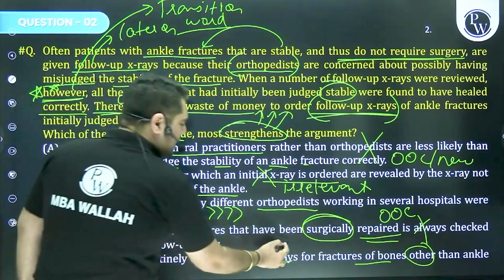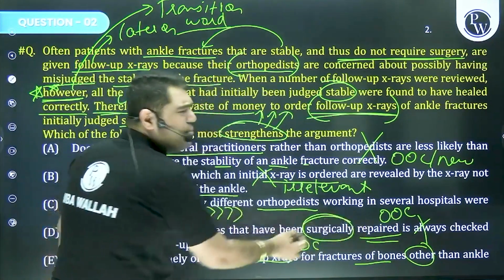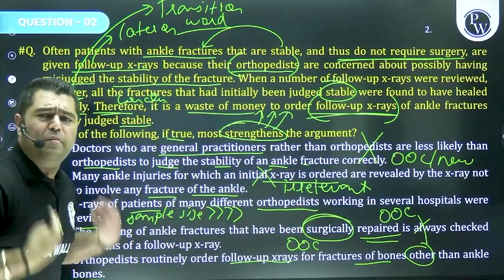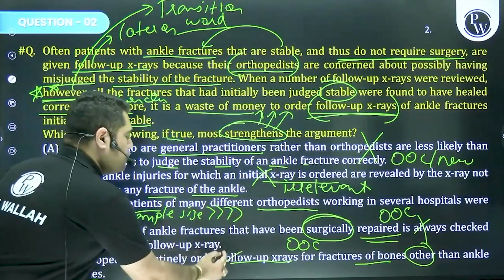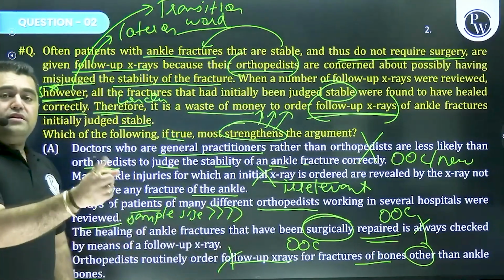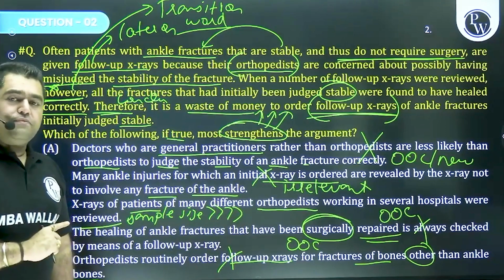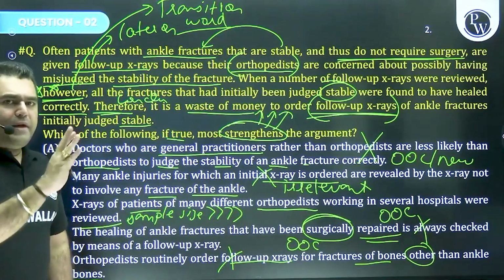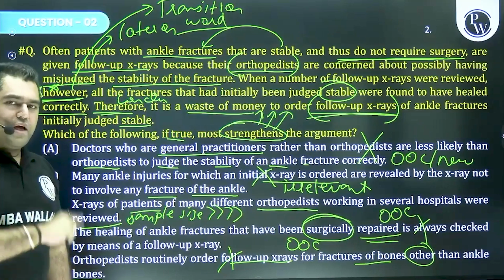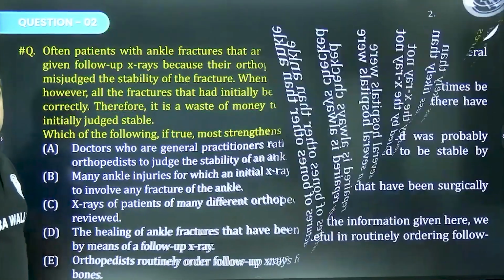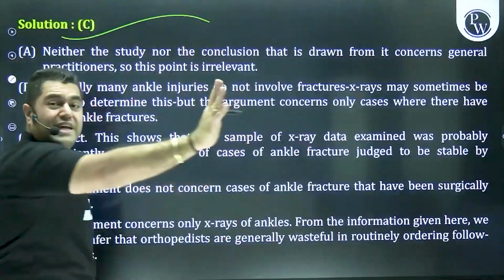People, out of context because we are talking only of ankle bones. Yeah, we are not talking about remaining body ke bones. Please remove. Now C, either you get convinced by answer option C or you get convinced that A, B, D, E is not the answer because they are irrelevant, out of context. Correct answer is answer option C. Is it making sense?